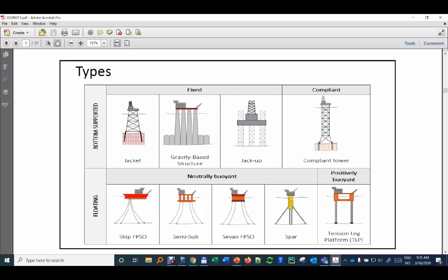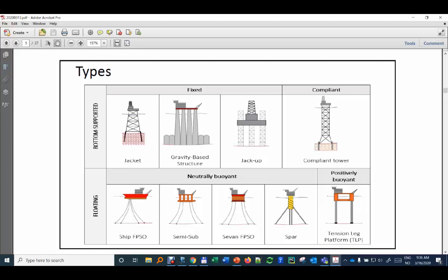Bottom supported, all the load of the structure is transferred to the soil, either by piles or simply by its own weight. And then you have two different variations. One of them is fixed, in which there is no significant movement of the structure, but compliant allows some movement of the structure, and actually there are some tendons, some wires that are keeping it, limiting that movement.